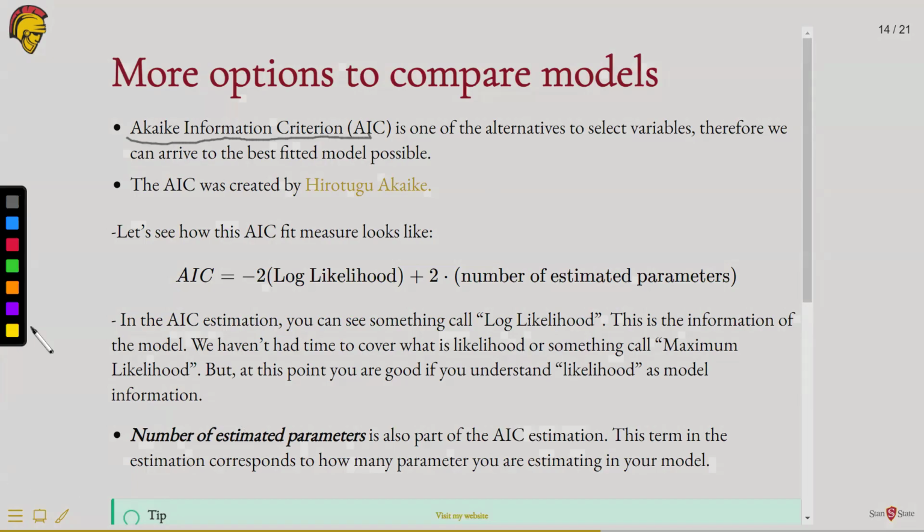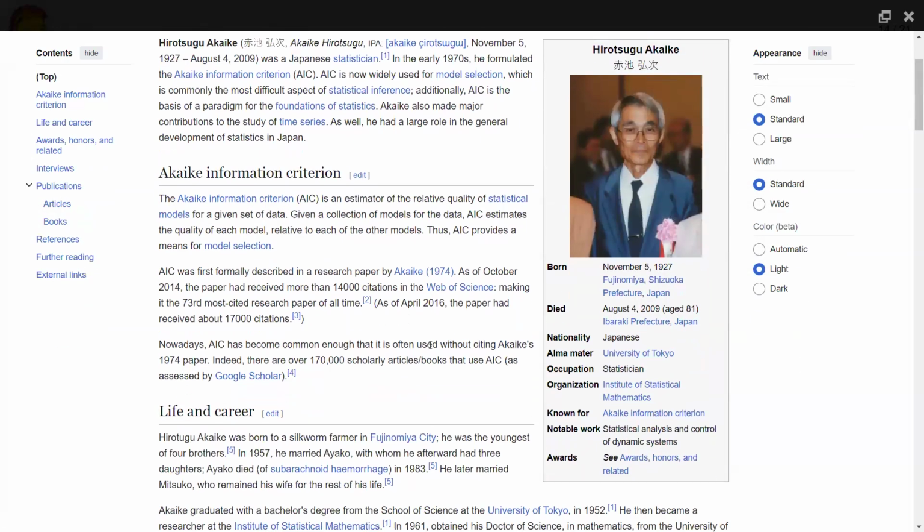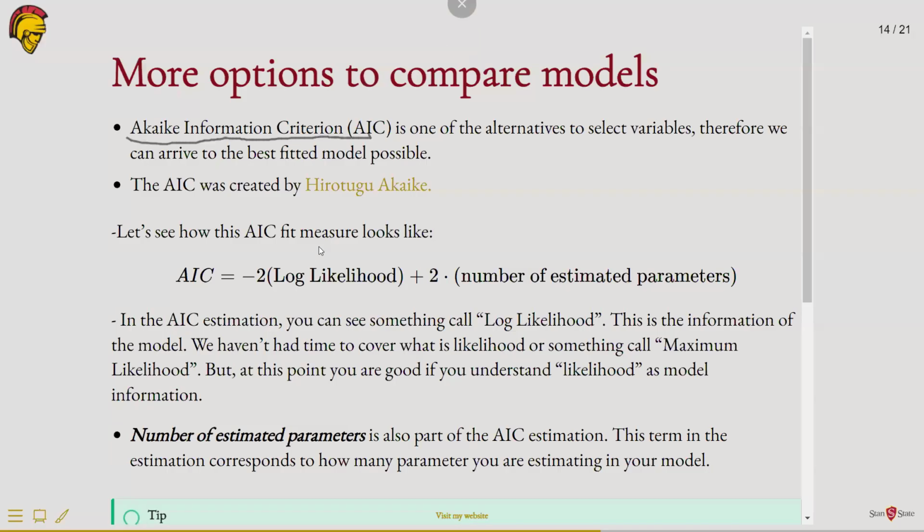And you can go to this link if you want to know more about Akaike. He died some time ago. He was an amazing statistician. He was Japanese, and he created this fit measure that is awesome. And he opened the possibilities for other similar fit indices in statistics.